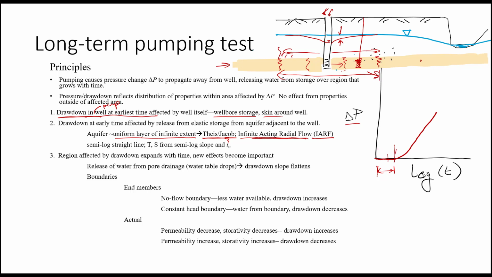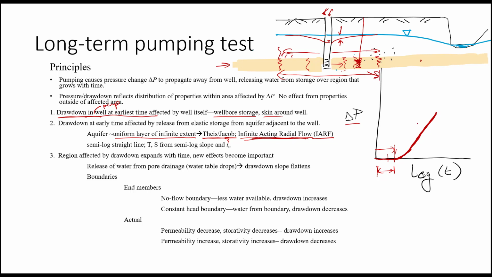And then at some point right here, that pressure front, the drawdown front, will reach the monitoring well, and then we'll start to see some drawdown. And it'll curve upwards at first. And then one of the characteristics of infinite acting radial flow is that it becomes a semi-log straight line, as I'm showing here.